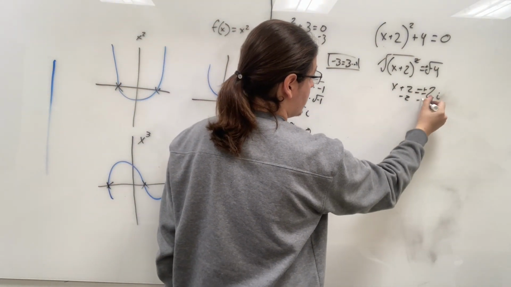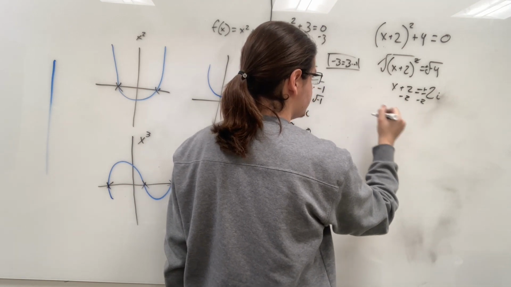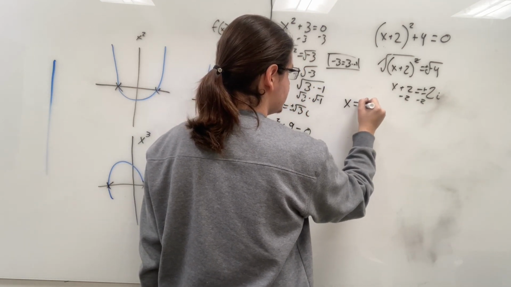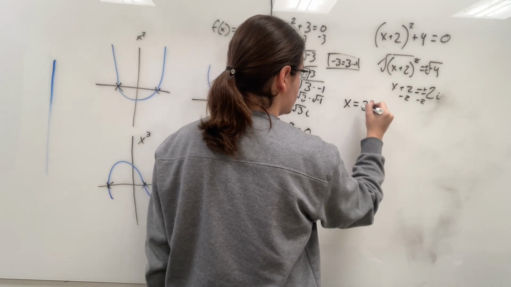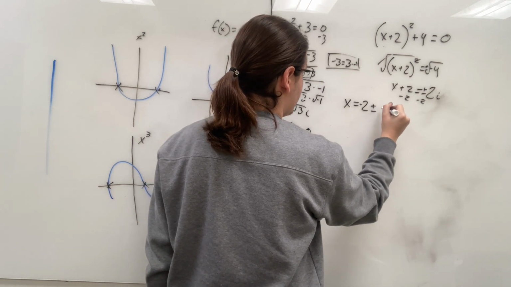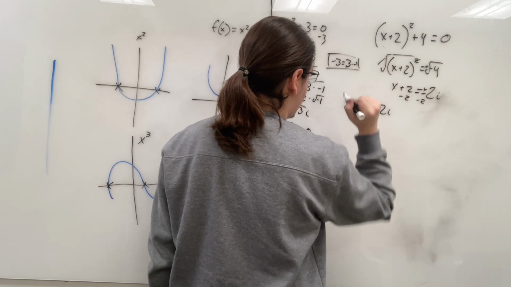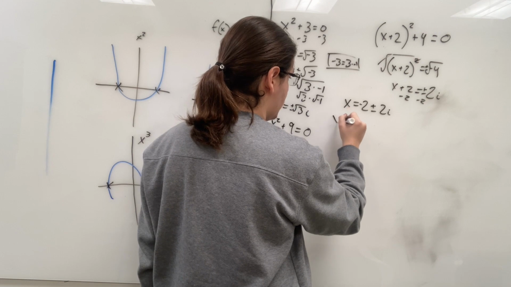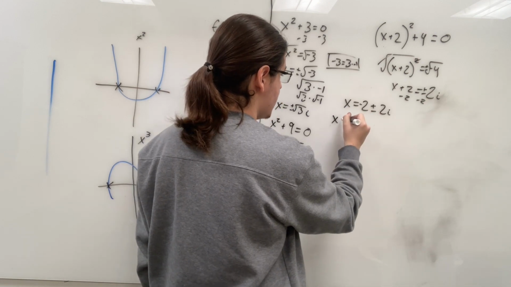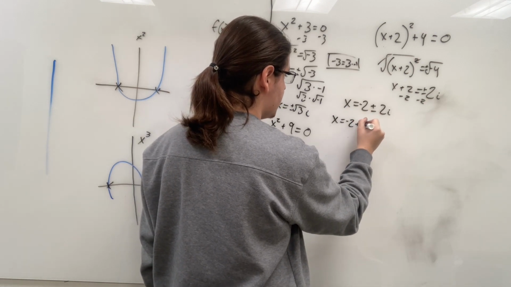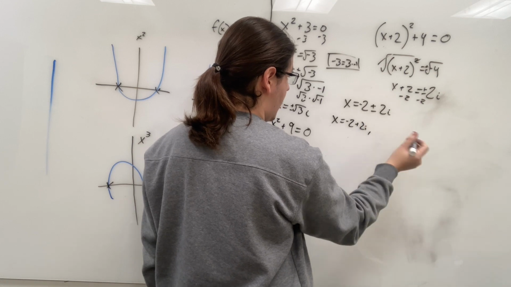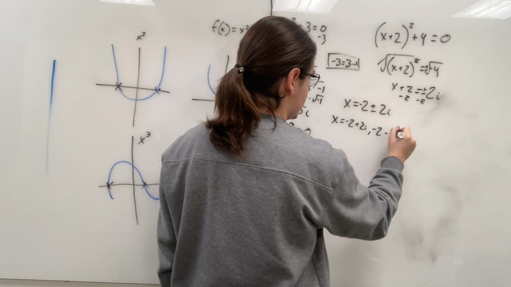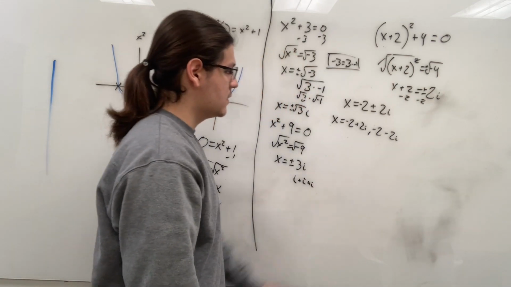Now, take the 2 out on both sides, and then our solution, I'm going to move this over here. We have x is equal to -2 plus or minus 2i. So really, I'm just going to expand this more, because this is 2 solutions. x is equal to -2 plus 2i, comma, to show that it's another set of solutions, -2 minus 2i.